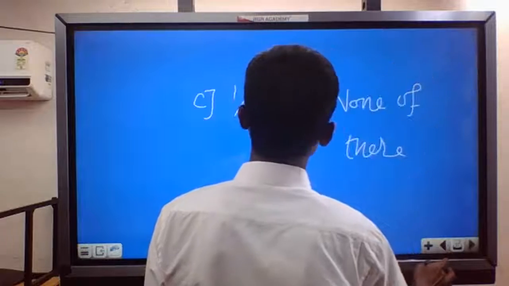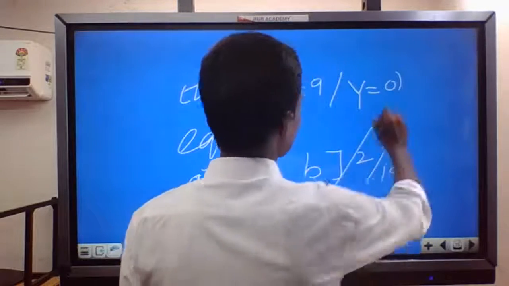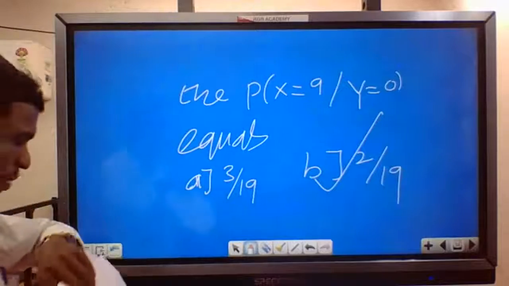What is the option here? The B option should be correct.